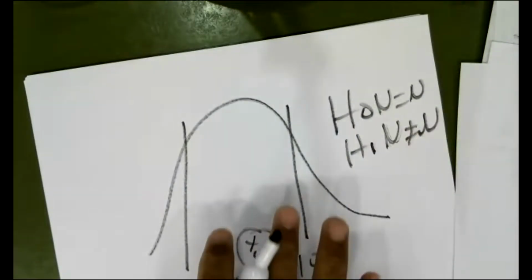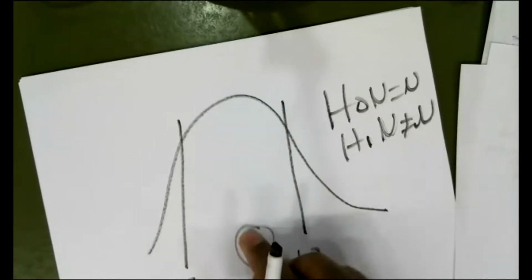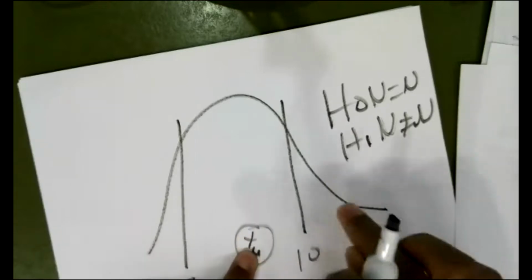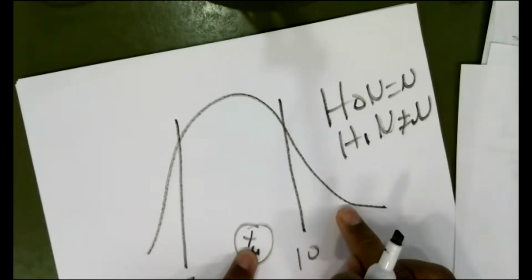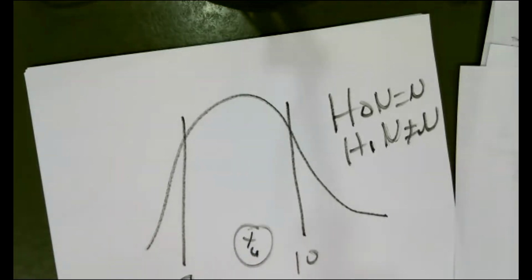So equal is if both of them are in here, and not equal is if one is in here and one is out there. Yes. So your null hypothesis states that if you use this treatment, it's not going to make any difference from the average. That's it. Yeah, it does nothing.